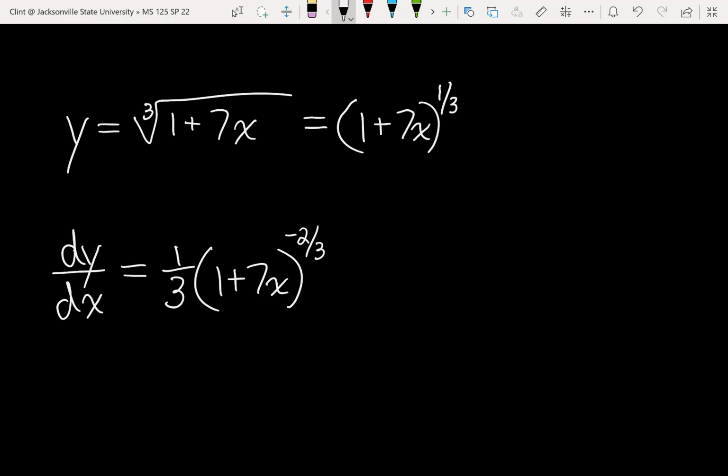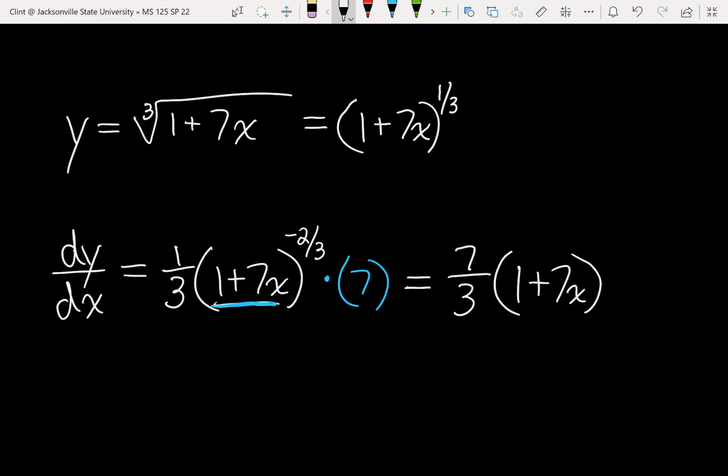But then we also need to multiply by the derivative of the inside piece, so the derivative there, we're going to get 7. And then chain rule usually lends itself to having some pretty easy simplification you can do. So 7 times 1/3, that would be 7/3. And we'll just leave it negative 2/3.